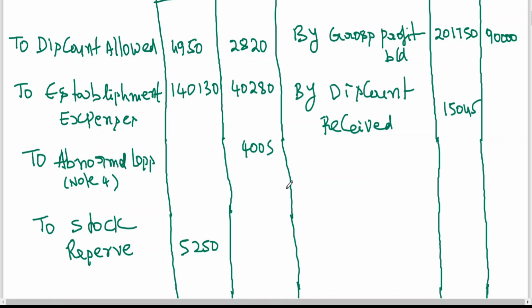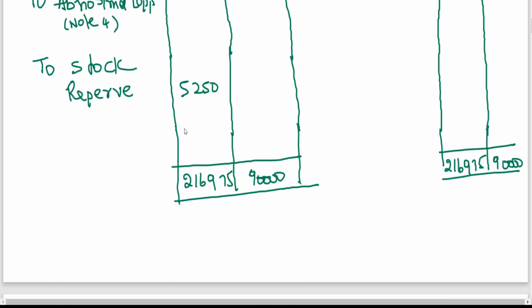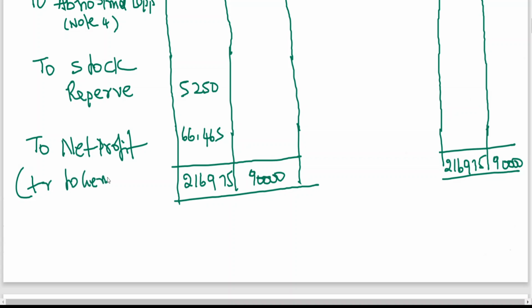It is coming to 66,465. This is called net profit. Now they will be transferring this net profit to the general P&L account also. The corrected profit they are transferring.